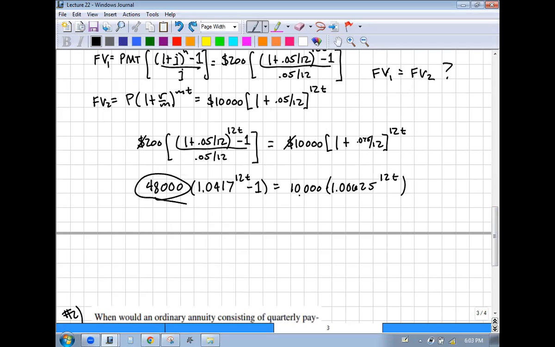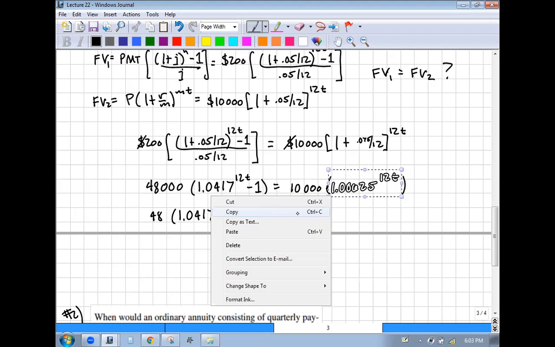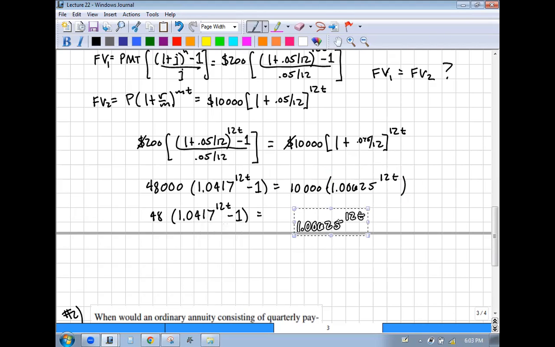If I move this under here, I might be able to do something. Now this number is bigger. So if I divide both sides by 10,000, I'm going to get 48 times this is equal to this guy. Right?